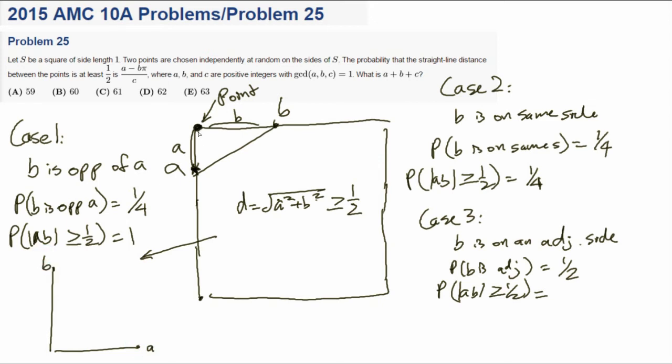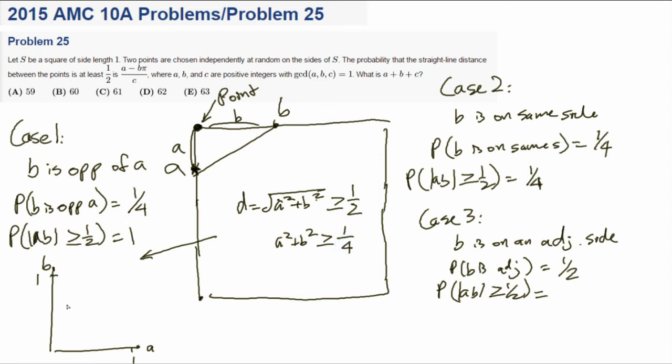So A can be anywhere from here to here. B can be anywhere from here to here. So this is 1, this is 1. Now I want to graph A squared plus B squared is greater than or equal to 1/4. That's just graphing a circle.